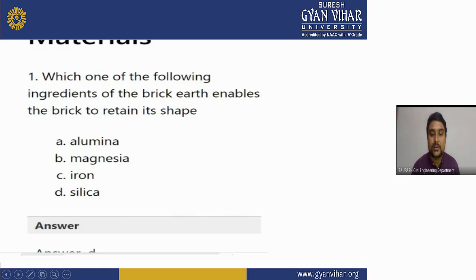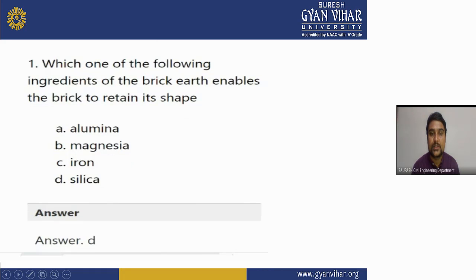Your right answer will be D. We know that silica enables the brick to retain its shape. That's why silica is the right answer, and the right answer is D.